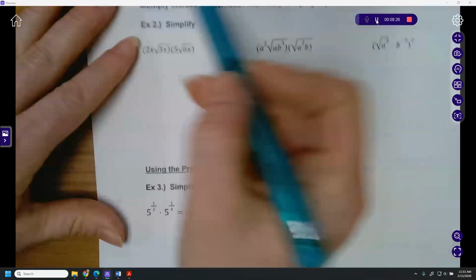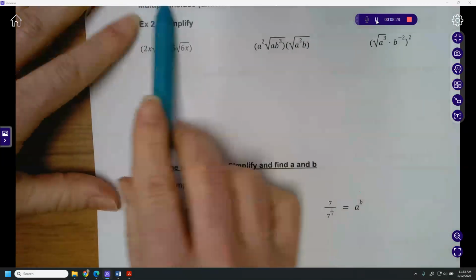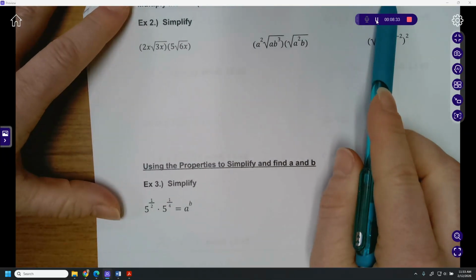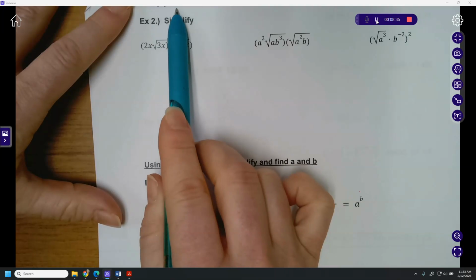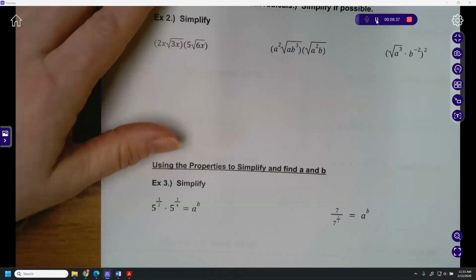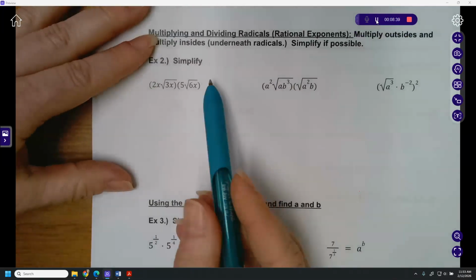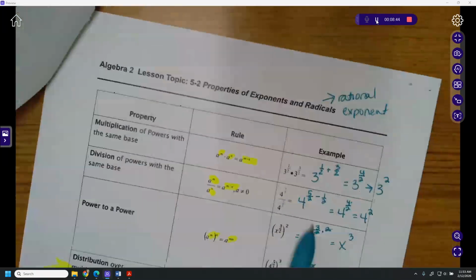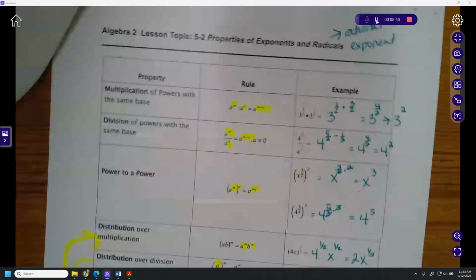All right, so when we're doing some multiplying and dividing of radicals, we're going to multiply the outsides together, multiply the insides together. Any rules that we just discussed, you can apply, meaning that if you have a power to a power, you can multiply them and such.